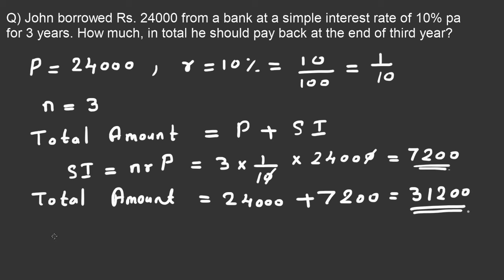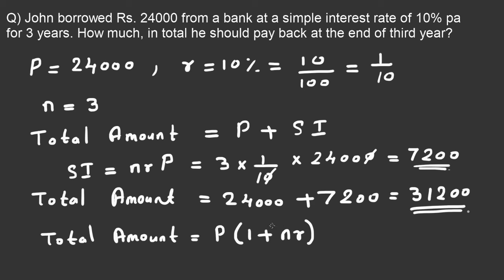Or another way, we can find it by simply applying the formula. So total amount is equal to principal into 1 plus NR. It will be the same.